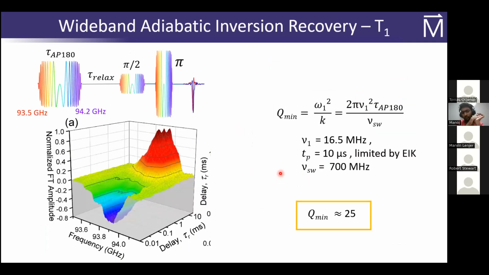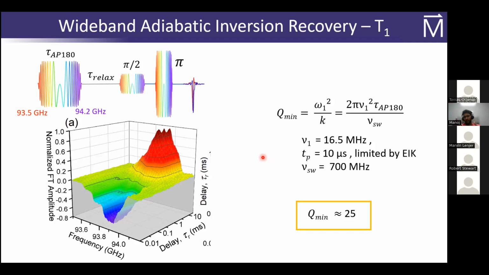So now we can excite and detect the entire bandwidth of TEMPO. So now we can do some relaxation studies. What we do here is apply an adiabatic inversion pulse to flip the entire spectra.